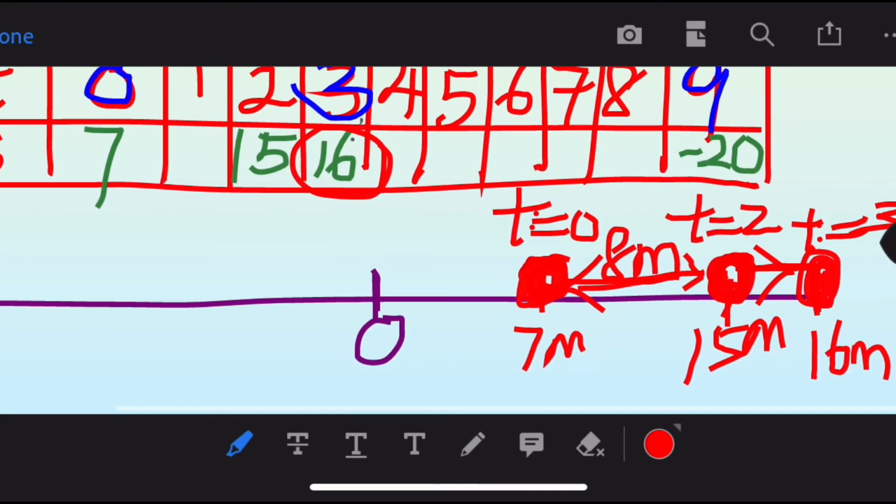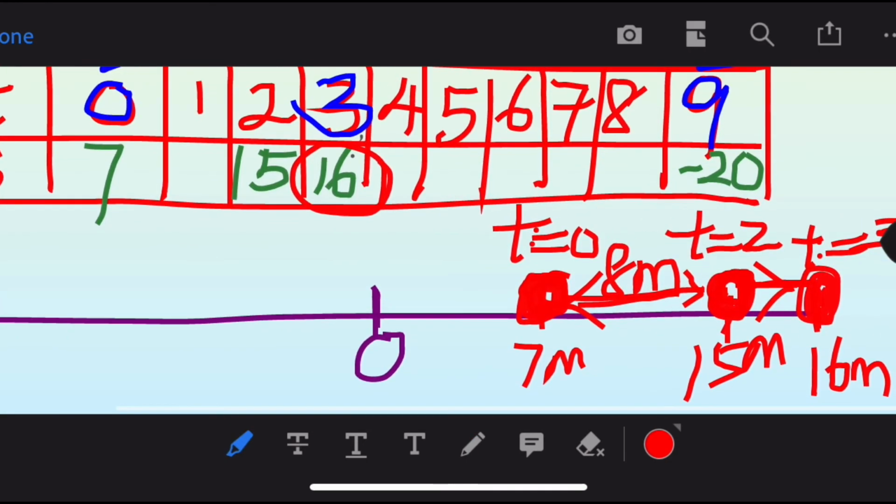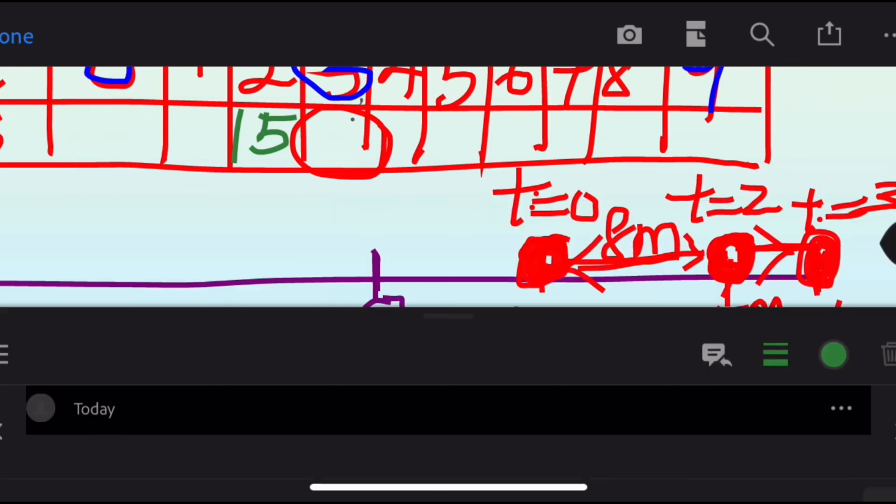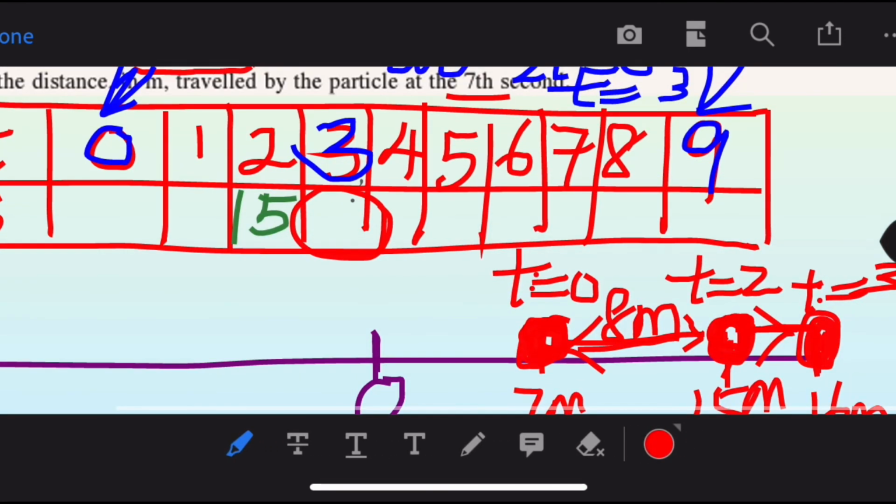If you really go and find out the timing, you will work out more points, and you understand how the particle moves. So if I press into the calculator, for t equal to 0 it is 7.